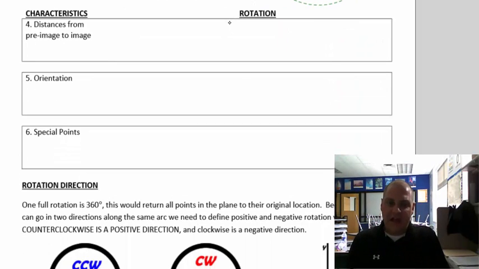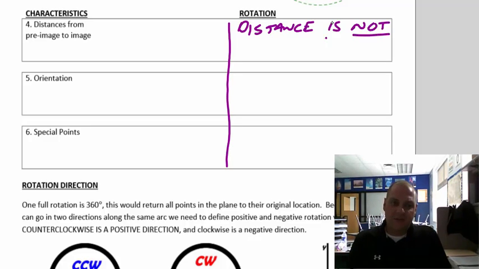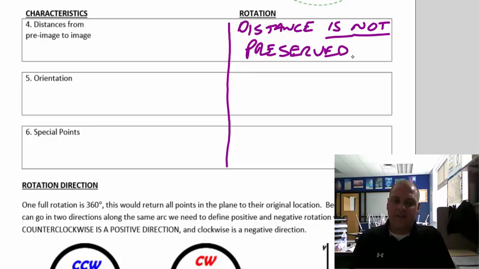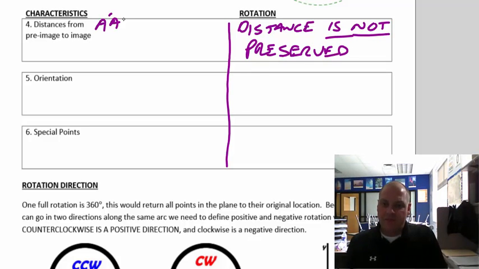Again, distance is not preserved. We're going to draw a line down here. Distance is not preserved. And we're going to kind of put why over on the left. Why is distance not preserved? Okay, so we'll just say A prime does not equal C prime.